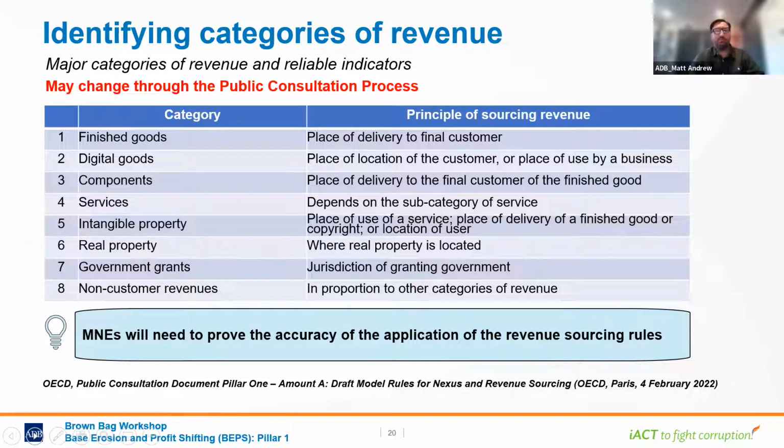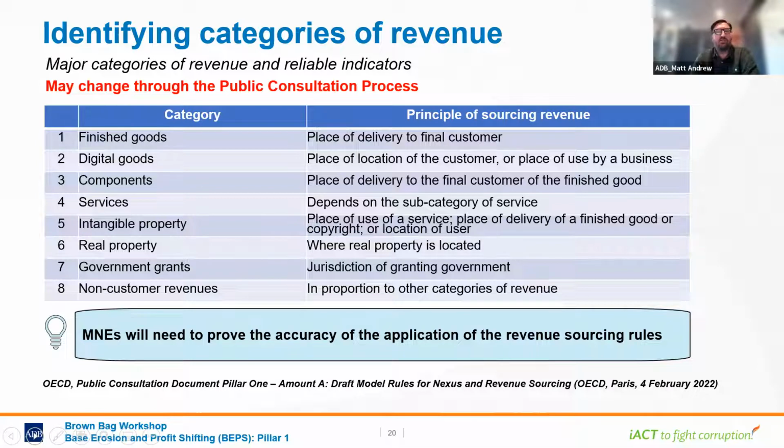And there are also a number of subcategories not listed here. And so for each category and subcategory of revenue, the draft rules provide an indicator to identify the source of the revenue, which I've noted here on the right-hand side.